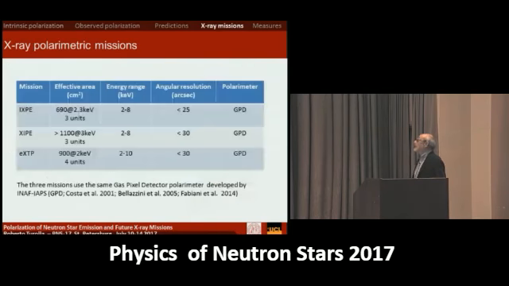The 3 missions use the same polarimeter, a gas pixel detector polarimeter, which has been developed by the group of Enrico Costa and Paolo Soffitta, Bellazzini et al. at INAF in Rome. The main difference between the 3 missions is in the size of the telescope, and of course XIPE should have the larger effective area and IXPE the smaller.